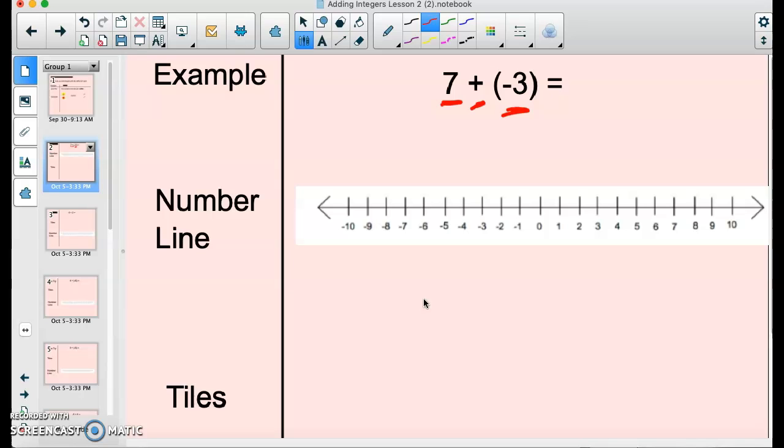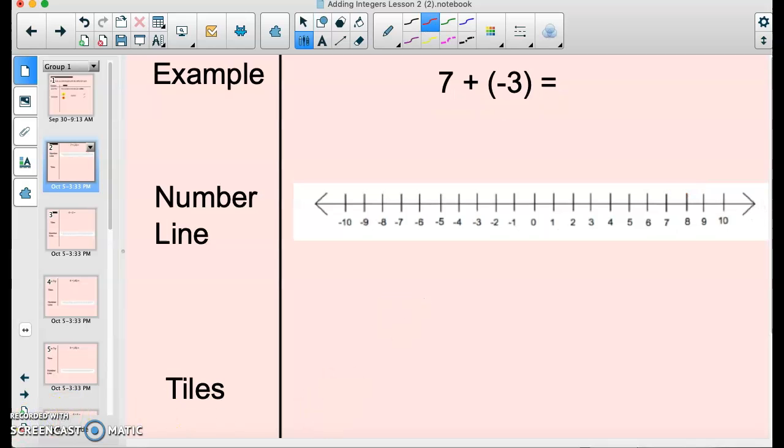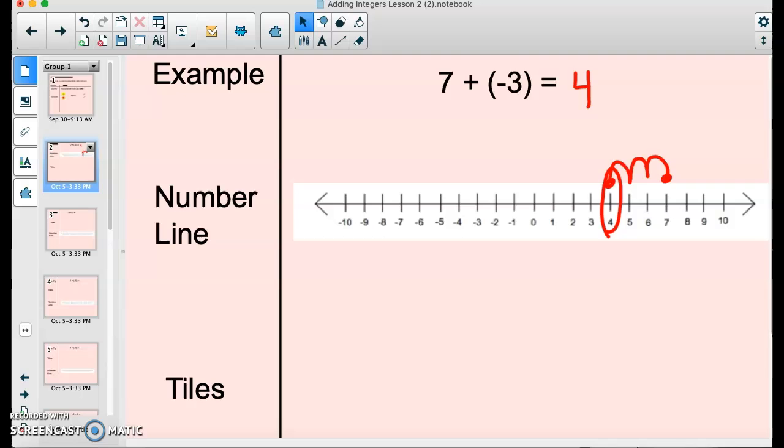We start at the 7, and we have to add a -3. Negative means we go to the left. 1, 2, 3. And here is our answer. Our answer equals 4.